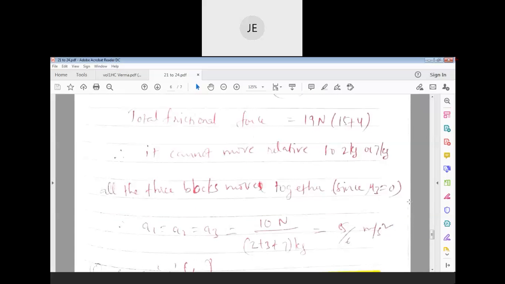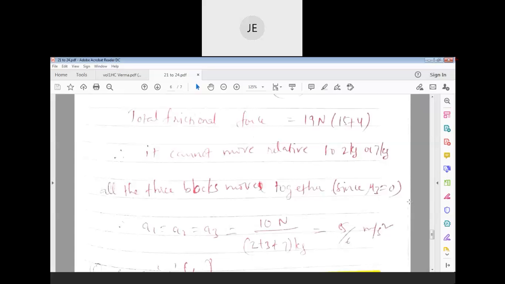Since the 7 kg block is kept on the smooth surface, all the blocks will move together because of that 10 Newton force. Moving relative to each other is different and all the blocks moving together is different.